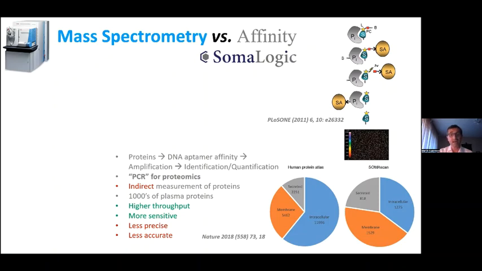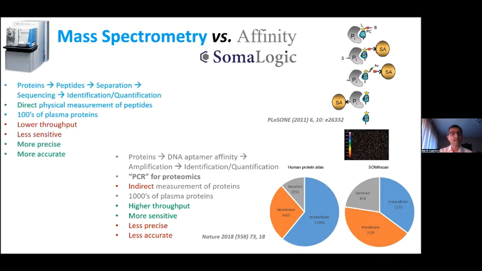You can get thousands of plasma proteins at a very high throughput, and it's very sensitive. However, we found it to be less precise and less accurate than mass spectrometry, which in our view is very complementary. You go from proteins to peptides, as you have seen, you separate them, you sequence, identify, and quantify, and that represents a direct physical measurement of the peptides.